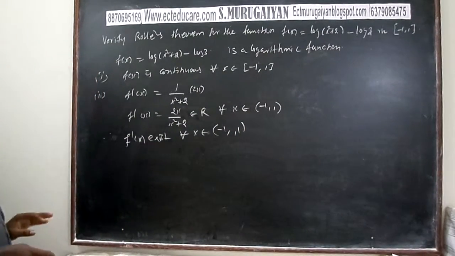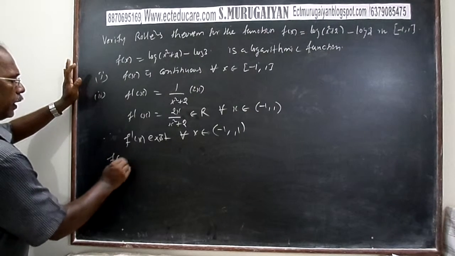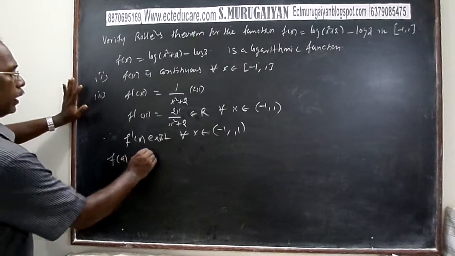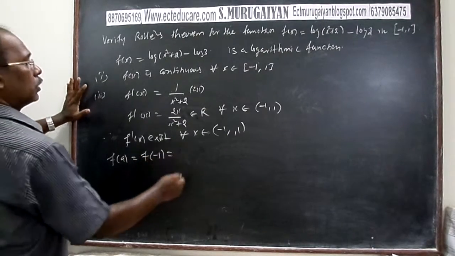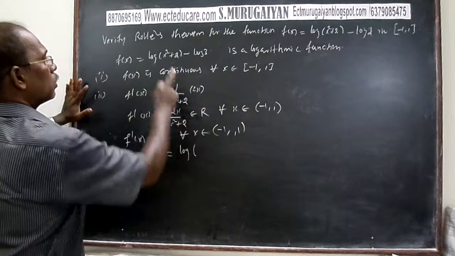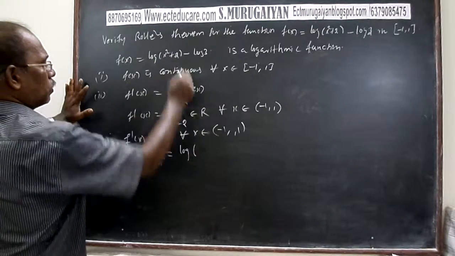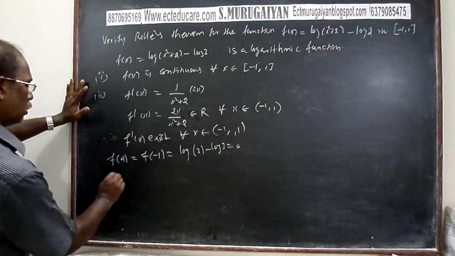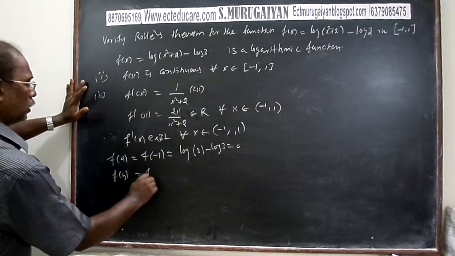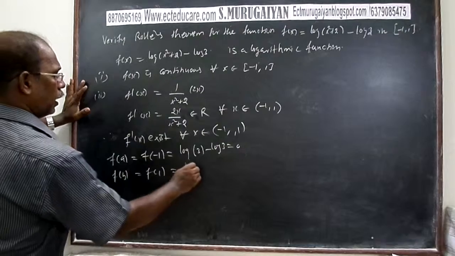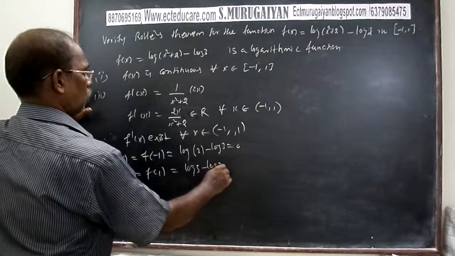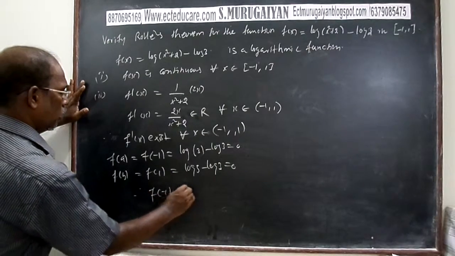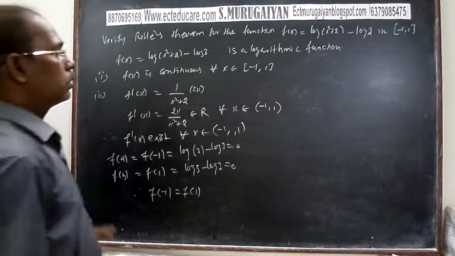Okay. Now we will find f of a and f of b. f of minus 1 is log of (1 square plus 2), that is log 3 minus log 3 equals 0, and f of b, f of plus 1, again log 3 minus log 3 equals 0. Therefore f of minus 1 and f of 1 are equal.